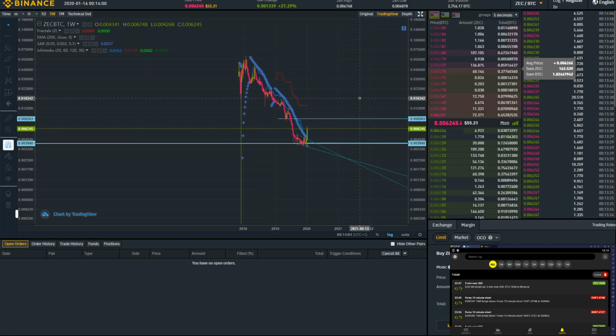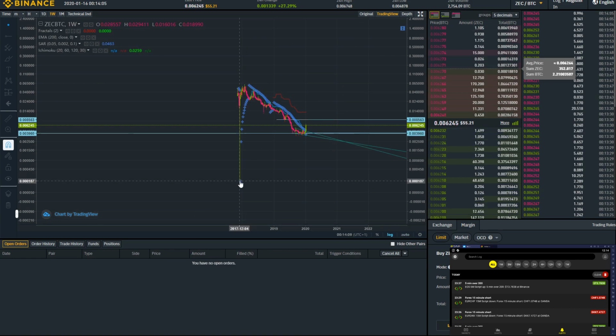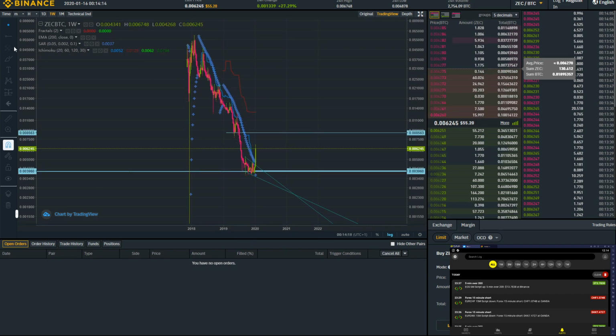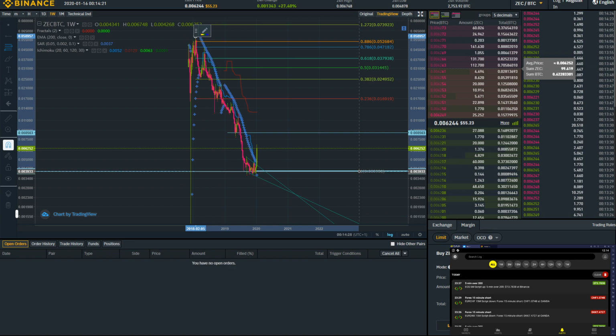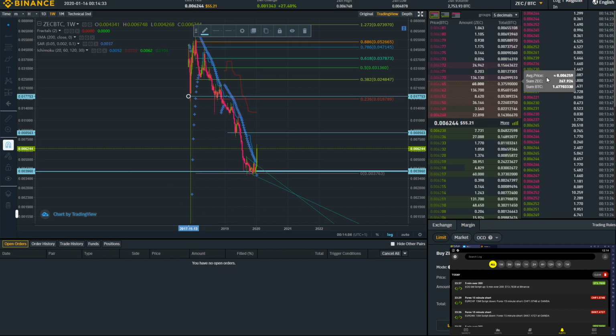Well, look at this shitcoin. Someone was lucky to buy this at like 220 Satoshi, and he is a millionaire. So if this continues higher, you want to use the Fibonacci retracement tool. You go from the low, and if this goes above this high, your target probably will be right here. And that's for Zcash.